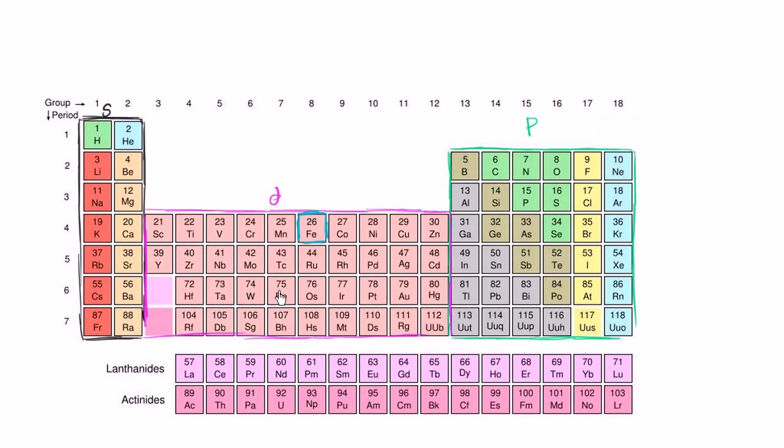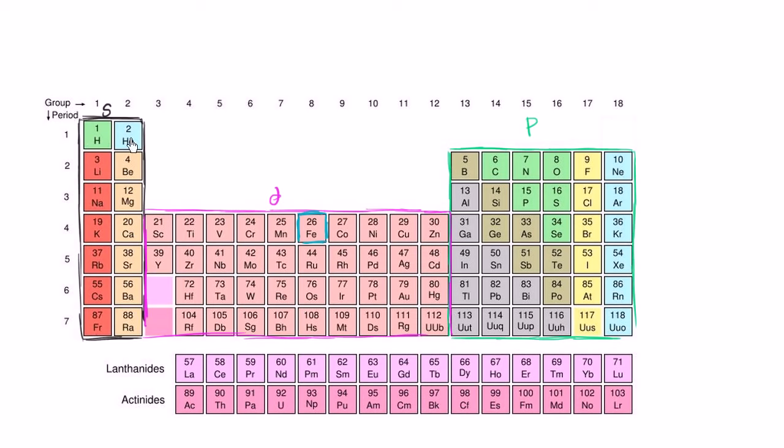Now the d subshell starts to become interesting. For the s and p subshells, you could look at oxygen and say, okay, oxygen's in the p block, its highest energy electron is going to be in a p subshell. And you could even look at its period and say it's going to be in the 2p subshell. You could actually figure out its configuration.